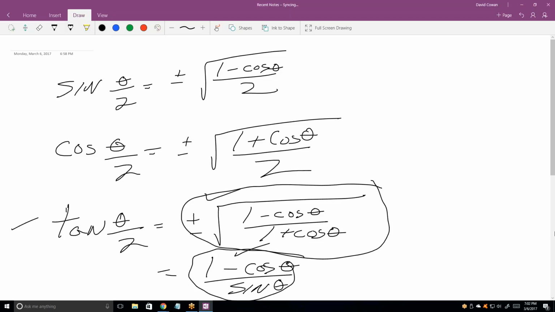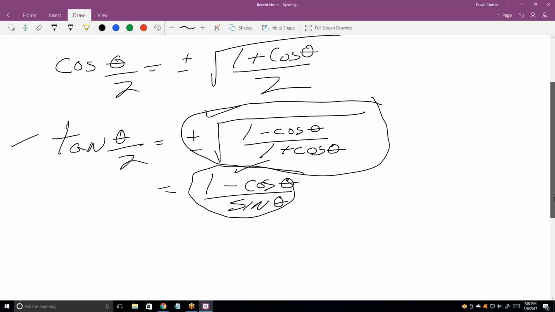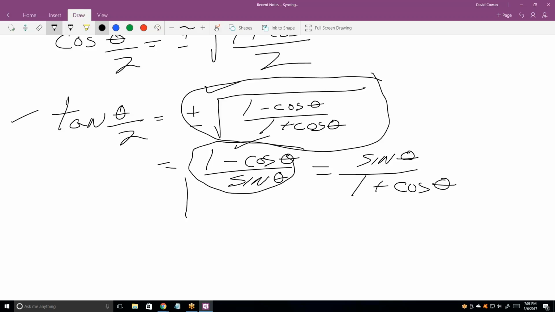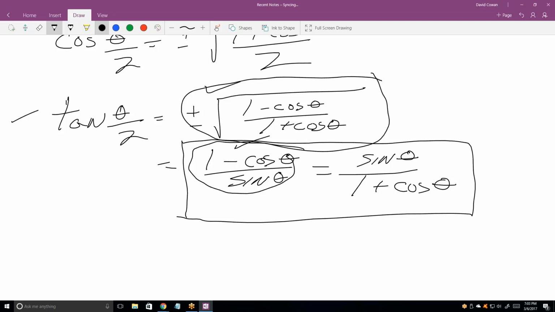And then, of course, there's the third one, which is a common trig identity, which is sine of theta over 1 plus cosine of theta. In other words, you are frequently asked to verify that. That's one of the most favorite verifying identity problems that there is.